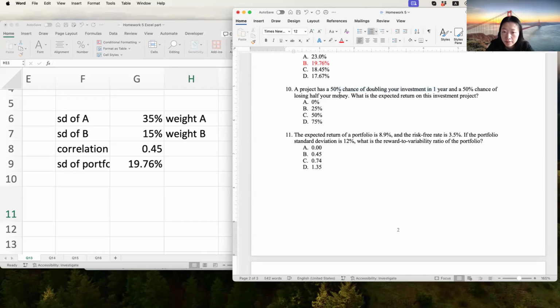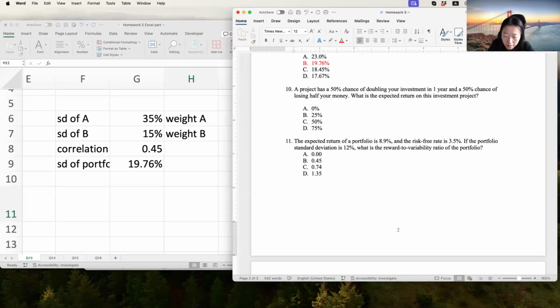So this is a very simplified scenario analysis, which is something we did last chapter. We're using the likelihood 0.5 of losing half, so -50%, times 0.5, plus 0.5 of doubling.